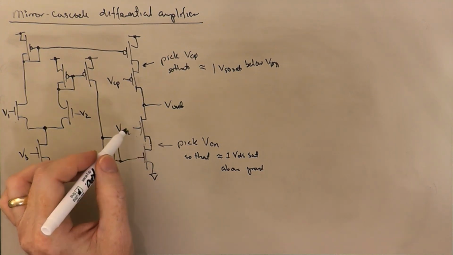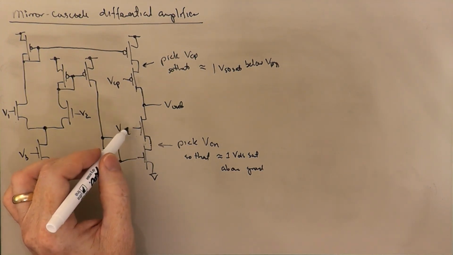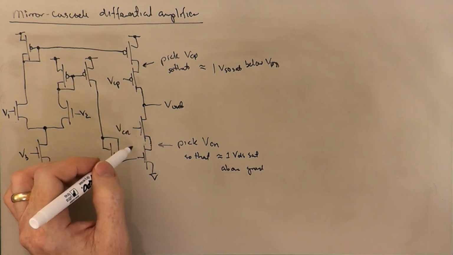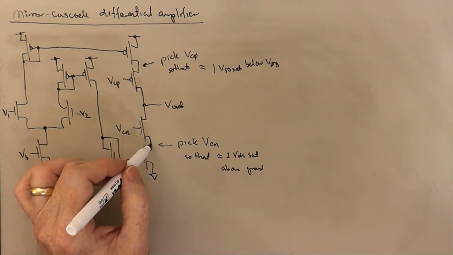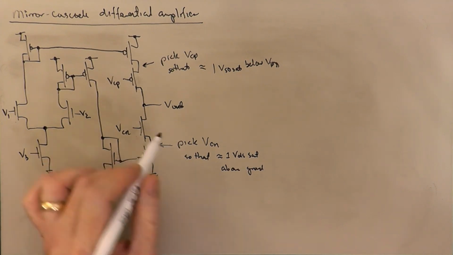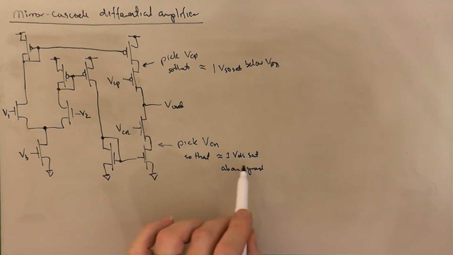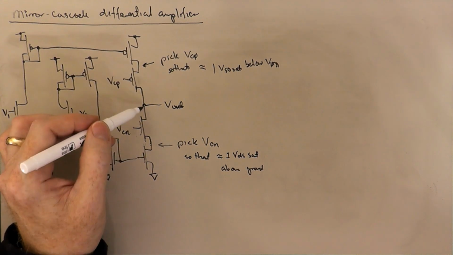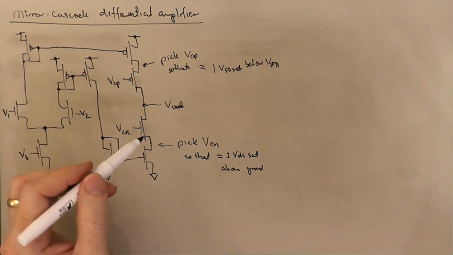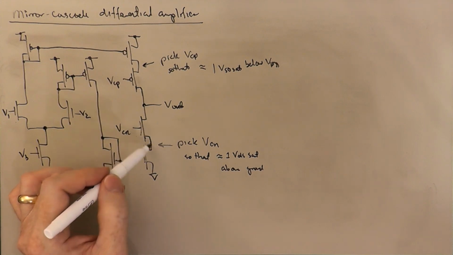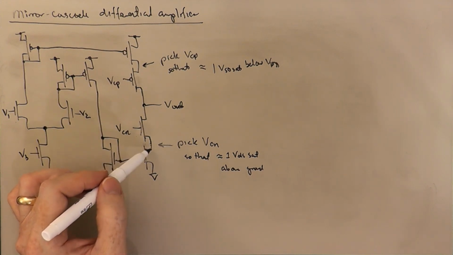So under those circumstances, we would want to push VCN lower so that this voltage moves down, and the optimal place that we would want this voltage to be is just one saturation voltage above ground, so that Vout will swing all the way down to basically 2 VDS sat before both transistors start falling out of saturation at the same time.